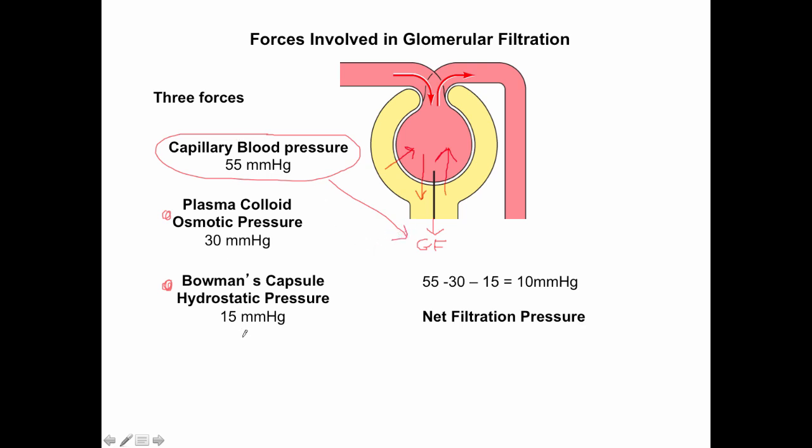If we look at the numbers that are drawn here, capillary blood pressure on average is about 55 millimeters of mercury at the glomerulus. Plasma oncotic pressure is about 30. Bowman's capsule hydrostatic pressure is about 15. If we subtract these 2 opposing pressures from capillary blood pressure, we have a net filtration pressure that is adequate to allow for filtration.